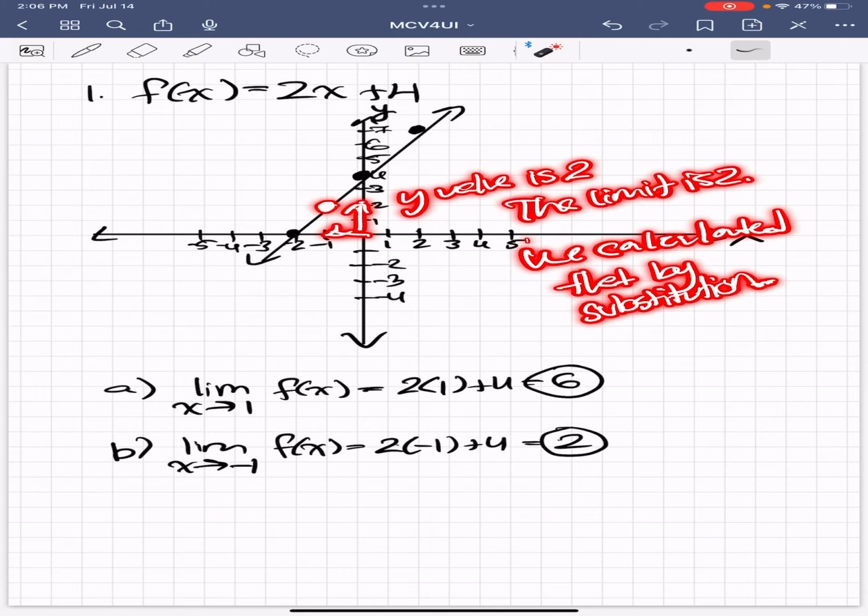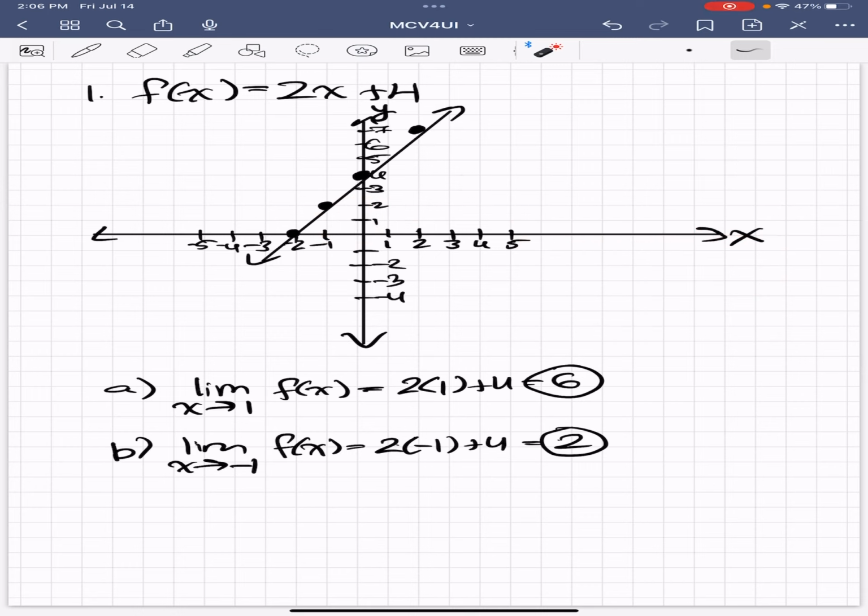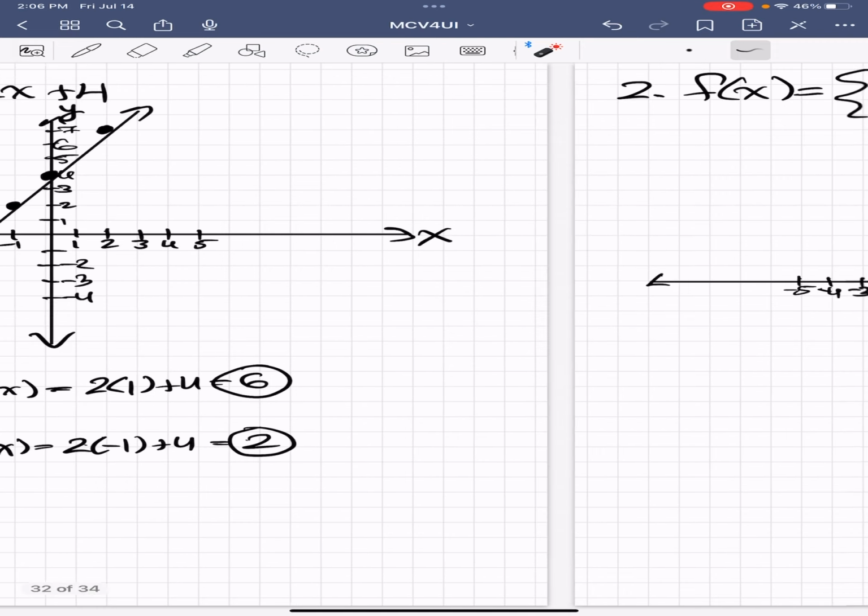So it's essentially, for each x value, what is the corresponding y value? That's essentially what the limit is. Okay, on to the next graph.